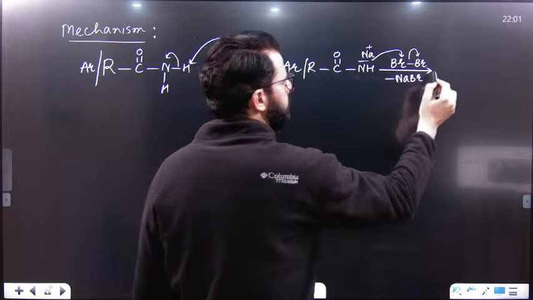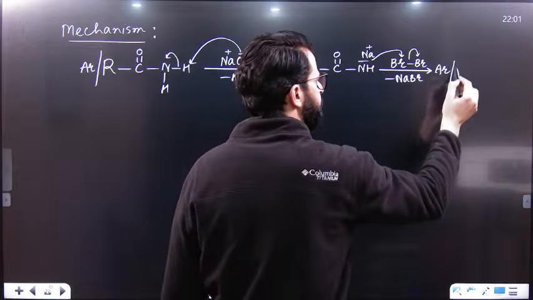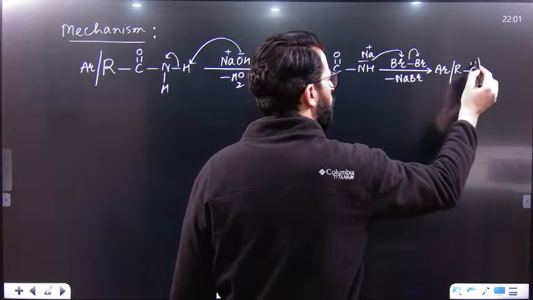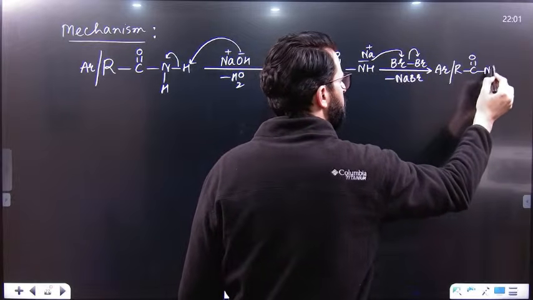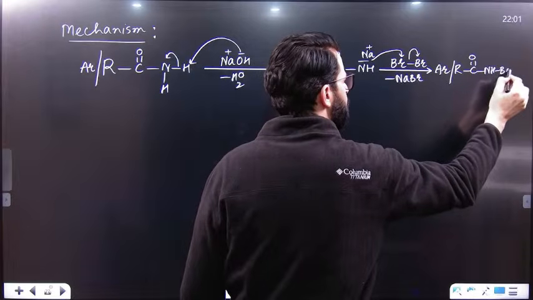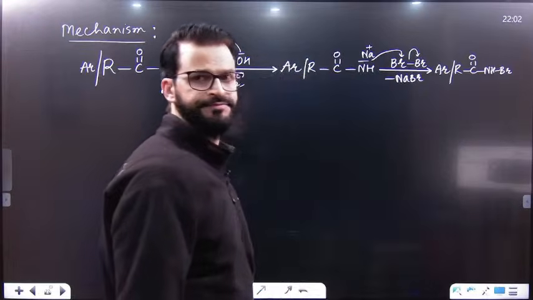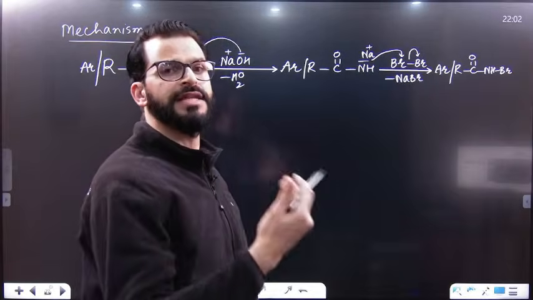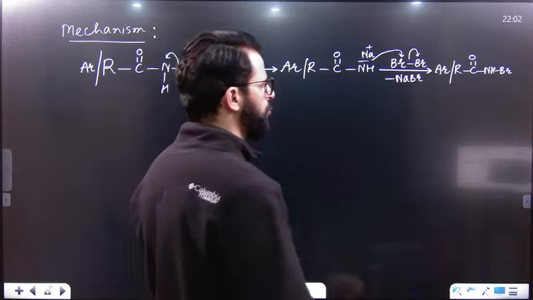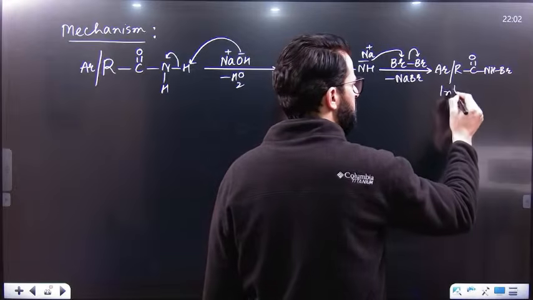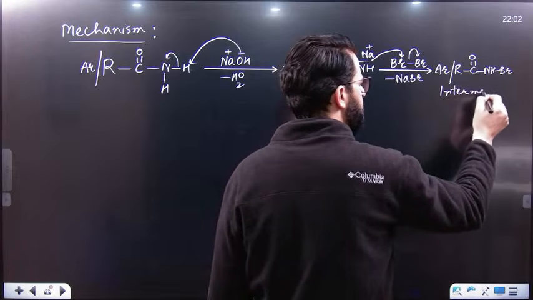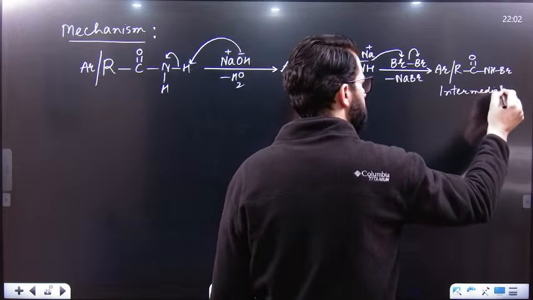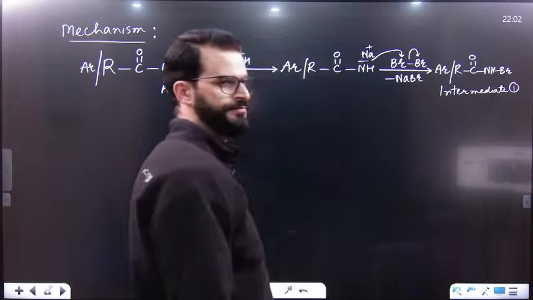We will get CO and then NHBr. So this is N-bromamide, where bromine is attached to the amide at nitrogen. This is the first intermediate of the reaction.